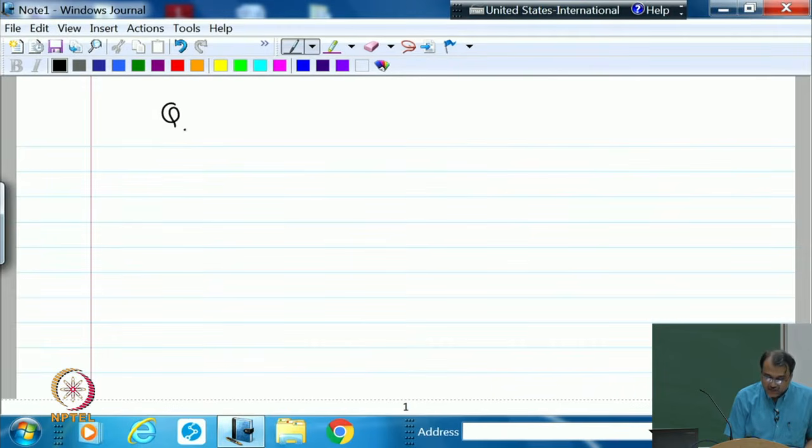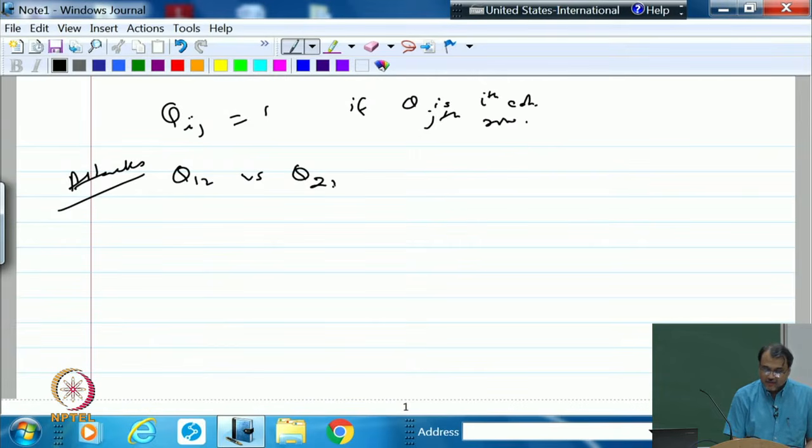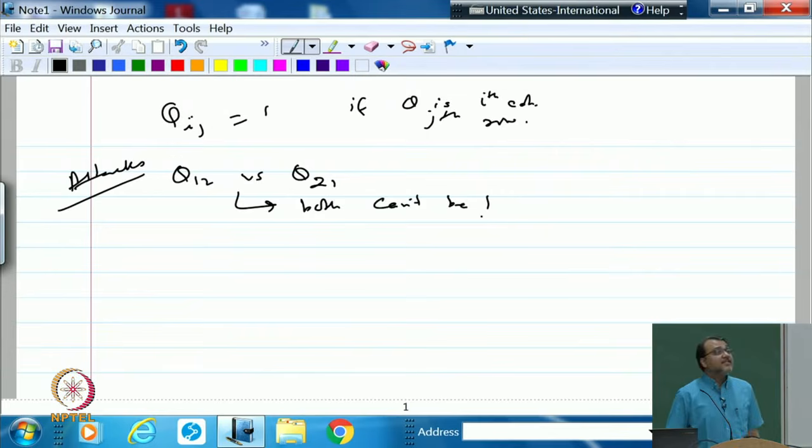Let's do this together, because this is really, really important. So what formula tells me that? So we defined Qij equal to 1 if queen is in ith column, jth row. Now we are talking about attacks, and let's say we talk about Q12 versus Q21. So we want to say that both can't be 1. And how do we say it logically?